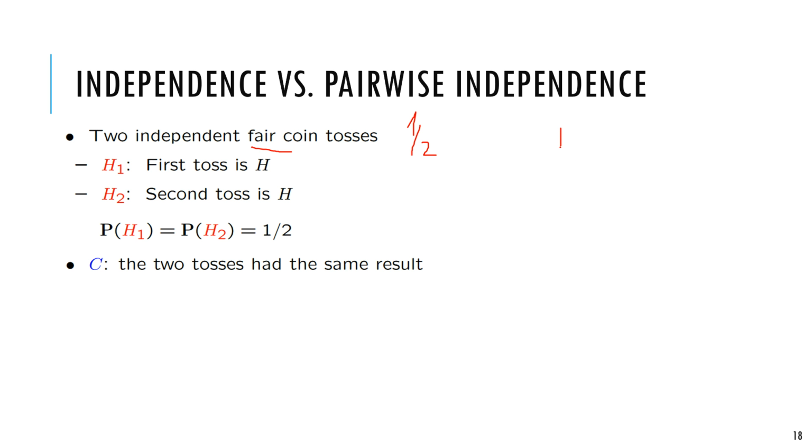We can list the sample space as head-head, head-tail, tail-head, and tail-tail. We have four outcomes in this sample space. C is the event that the two tosses have the same result, head-head or tail-tail.